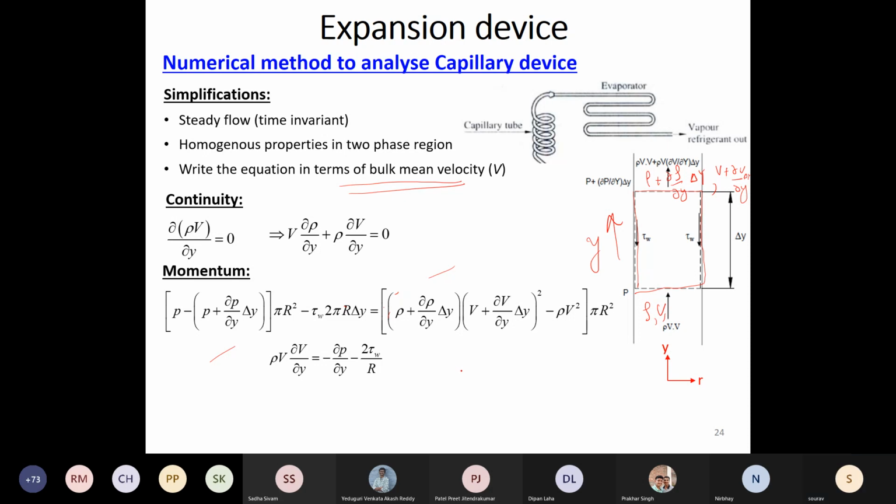And the difference would be balanced by the shear forces acting on this control volume at the wall. Remember that this shear force is a function of the viscosity of the fluid. So if you have a fluid which has no viscosity, then you will get shear forces as 0.